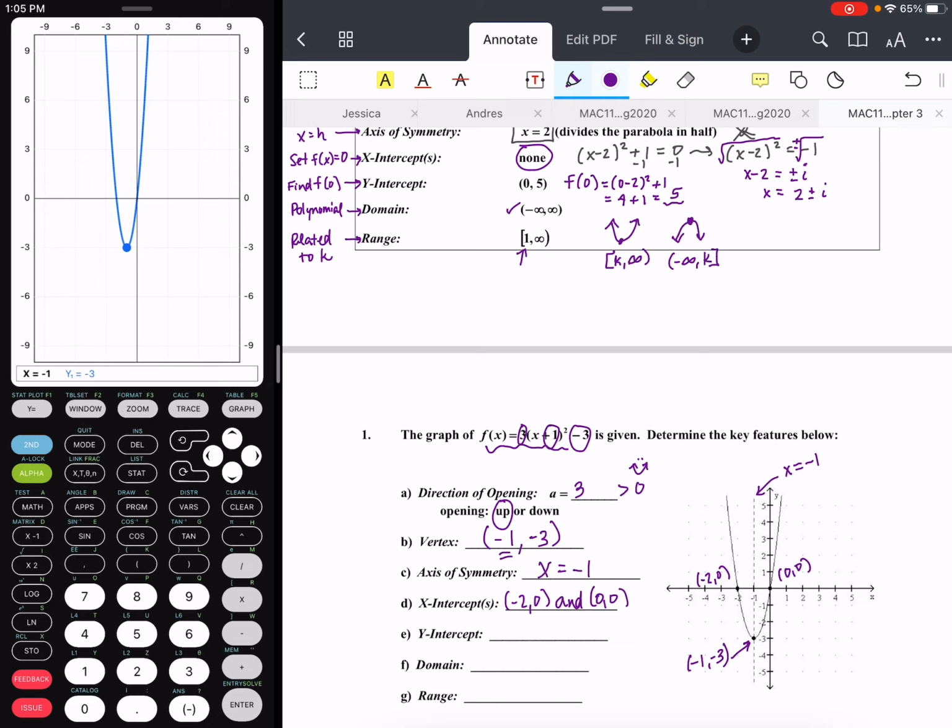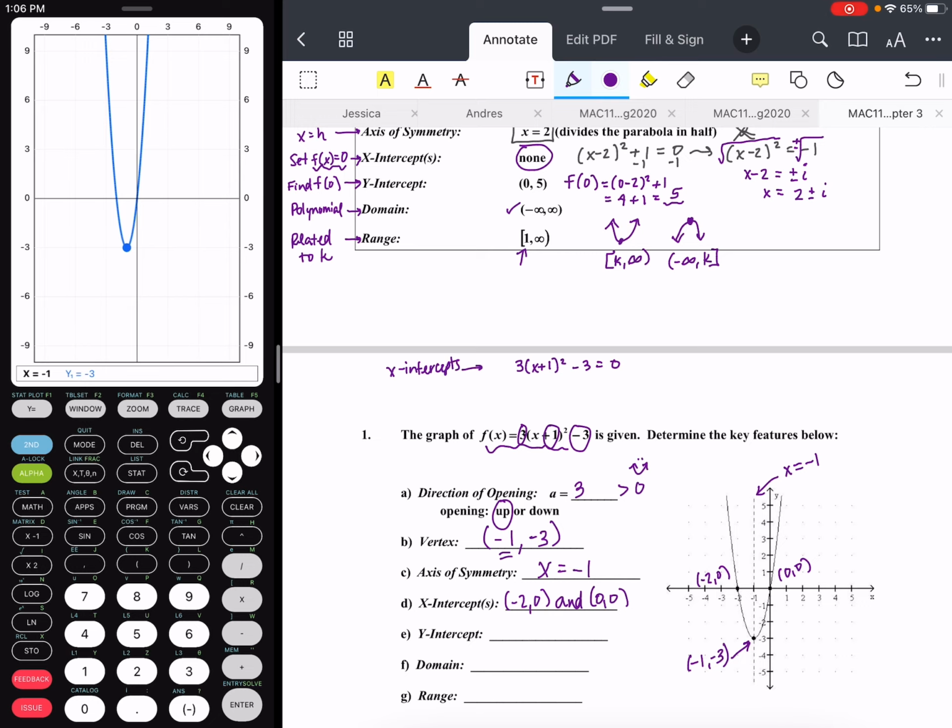We couldn't really identify visually where our x-intercepts are. So it is important to know how to find your x-intercepts algebraically. To do that, remember that you can set f of x equal to 0. So in our case, we have 3 times (x plus 1) squared minus 3 equals 0. We're doing this to find our x-intercepts.